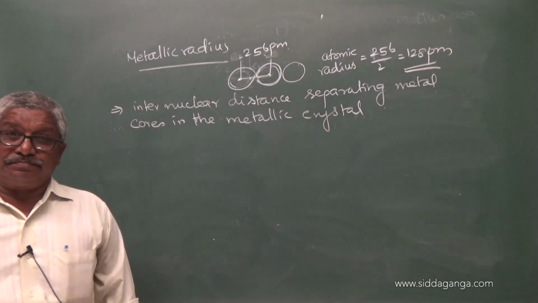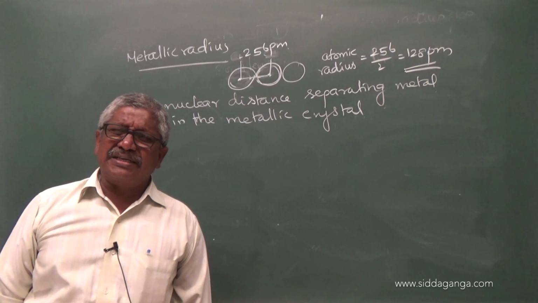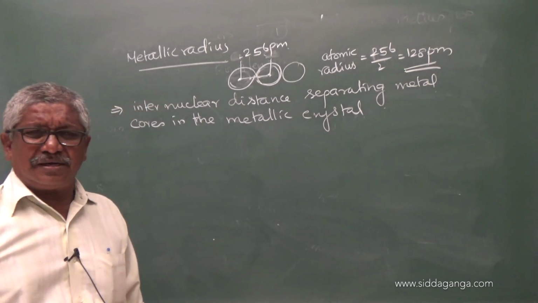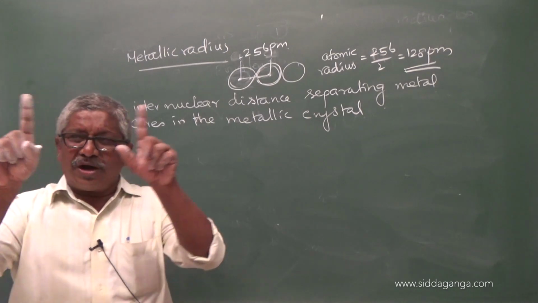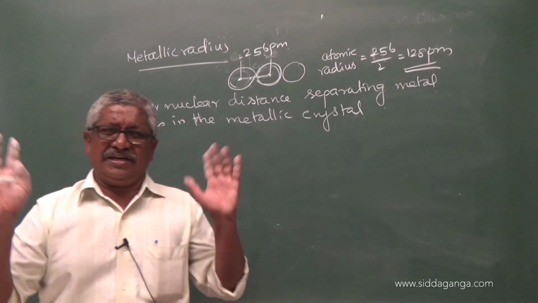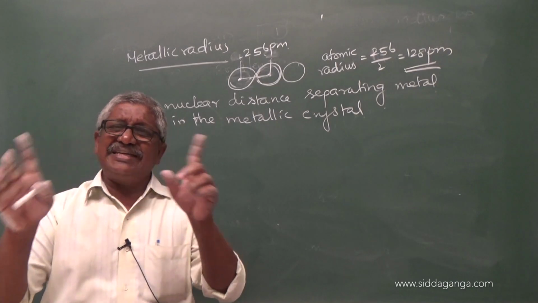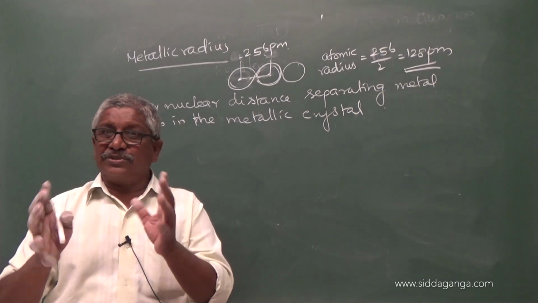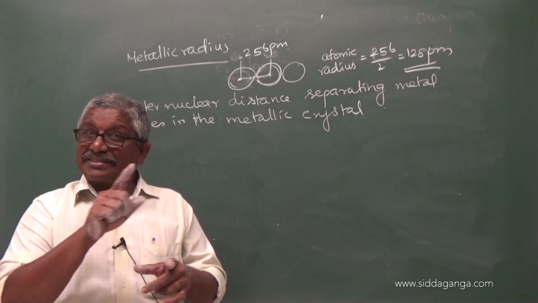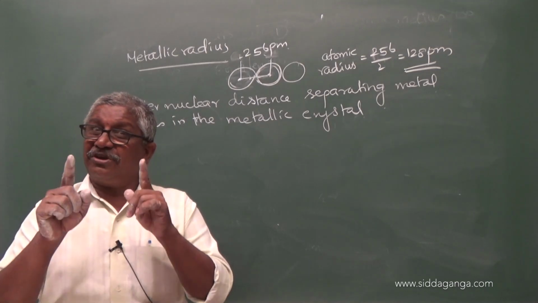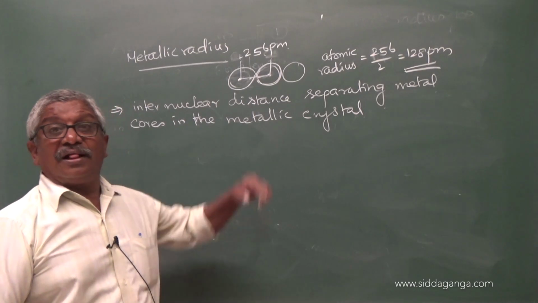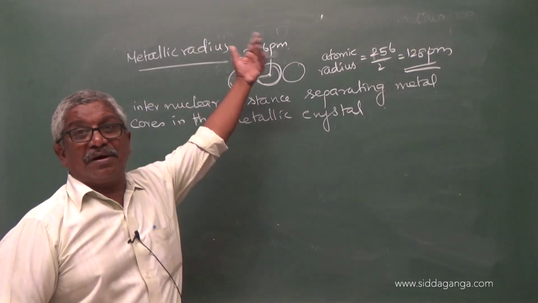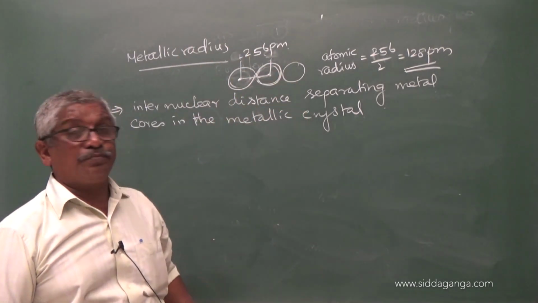Copper atoms are arranged in the solid crystal of copper, and the internuclear distance is 256. That means the two atoms are connected, bonded. Bonded means here touching each other, the electronic clouds are touching. The distance between the centers of the nuclei of two coppers is 256 picometer. Then what is the atomic radius? Bond length divided by 2.